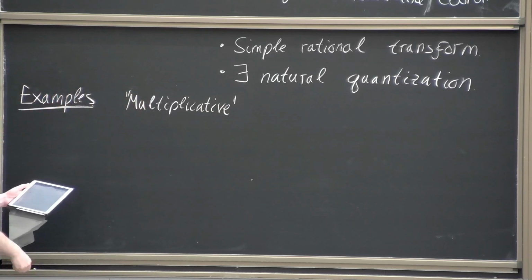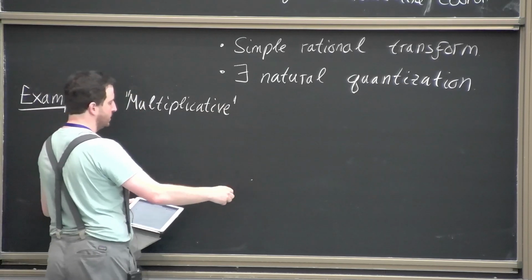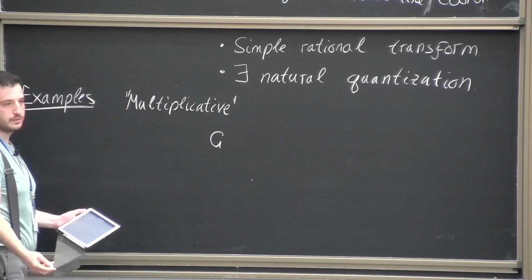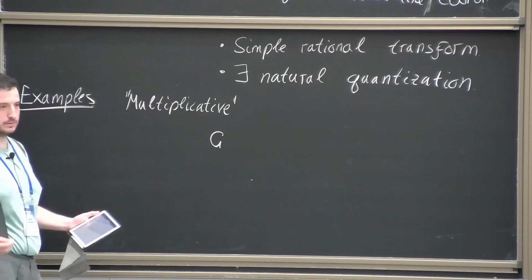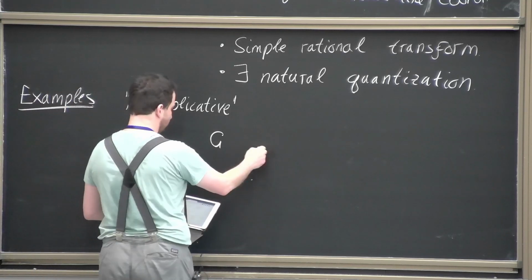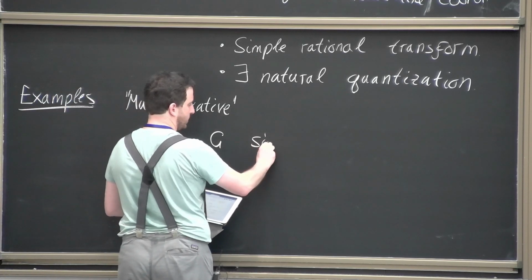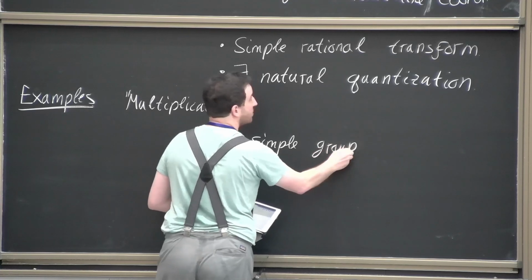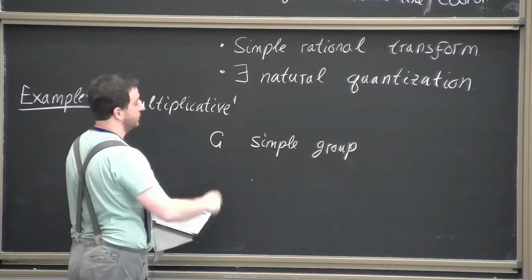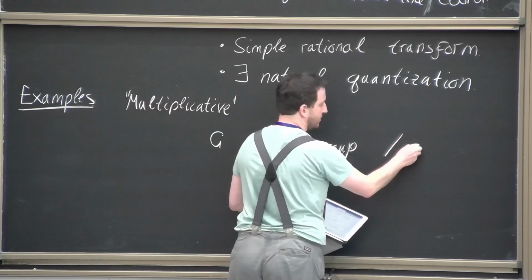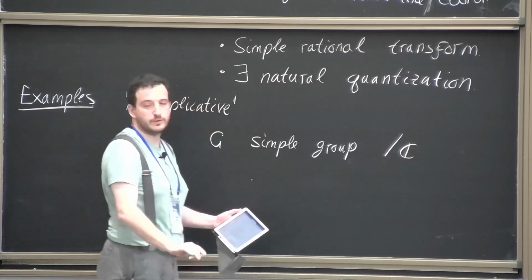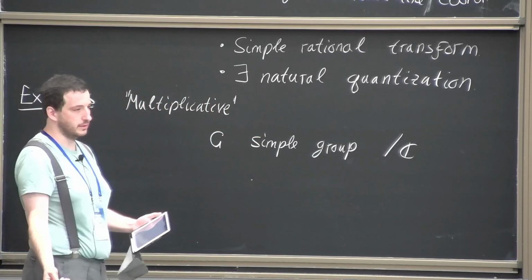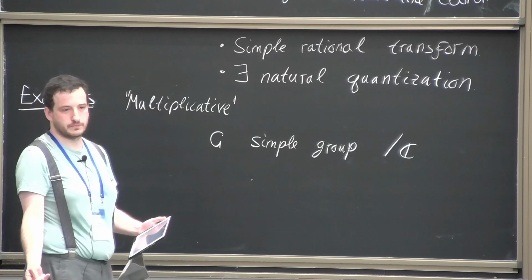By multiplicative, I mean that the typical example is not a Lie algebra, but rather a group. For example, if you take G to be a simple group, and actually in the very first formula I implicitly assumed that I'm working over the field C, then this group has a cluster structure.